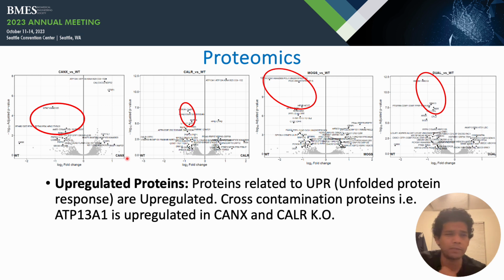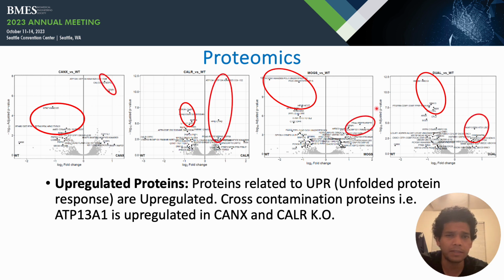In the case of upregulated, we found that proteins related to UPR, or unfolded protein response, are more predominantly upregulated compared to the other proteins. Apart from that, cross-contamination proteins are also upregulated, that is ATP13A in the Calnexin and Calreticulin knockouts. So this indicates that there could be cross-contamination of proteins from the endoplasmic reticulum to mitochondria in the case of Calnexin and Calreticulin. So they might have a role in preventing that kind of contamination.